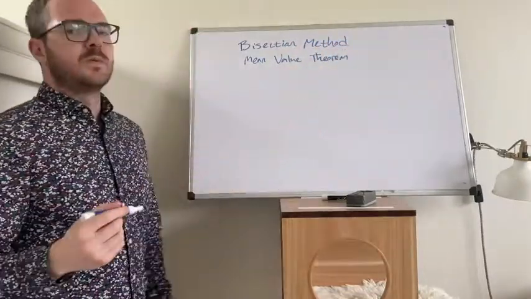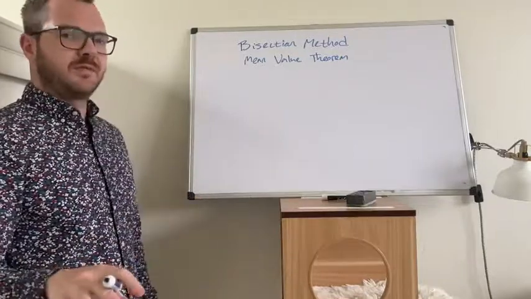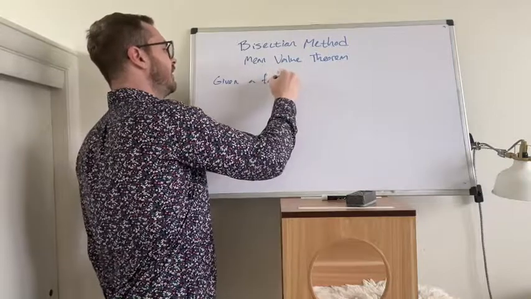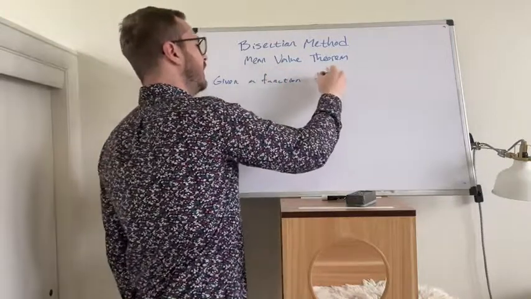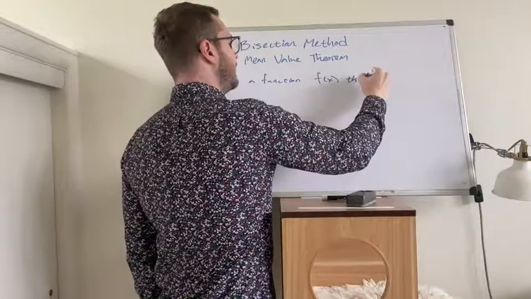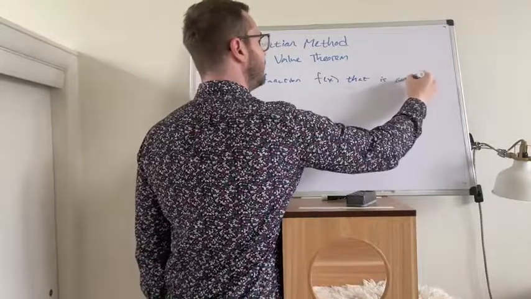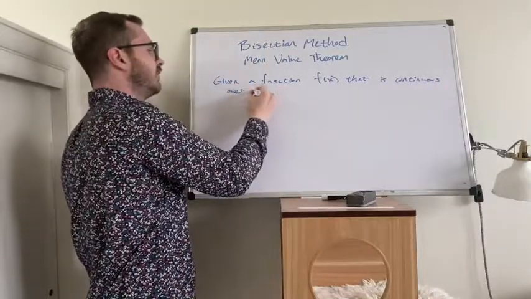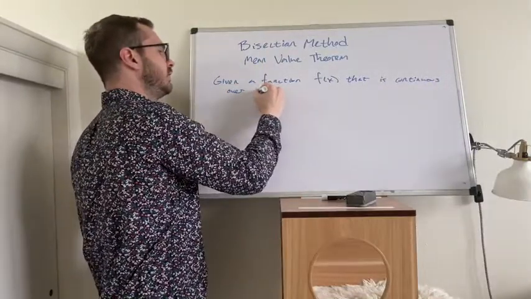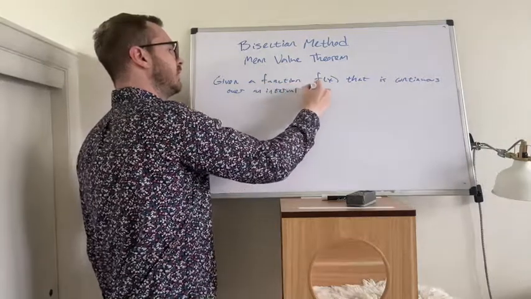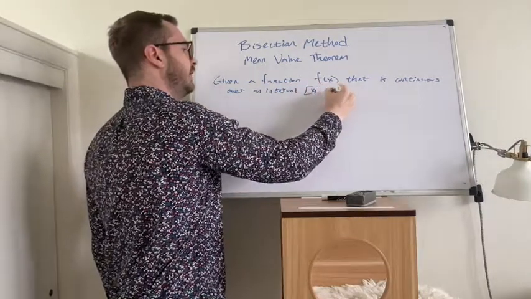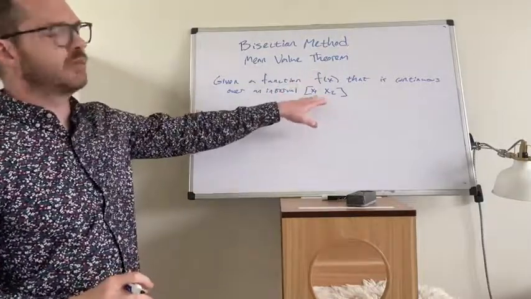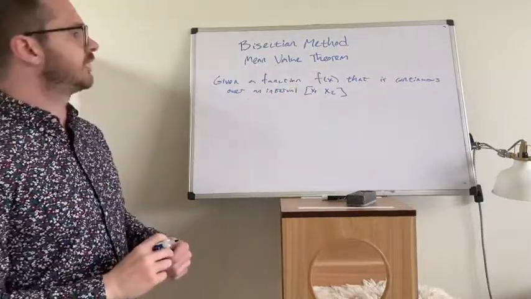Now, what this theorem says is, given a function f of x that is continuous over an interval, let's say x1 to x2. So you have some function f of x and we're defining it over some interval x1 to x2.